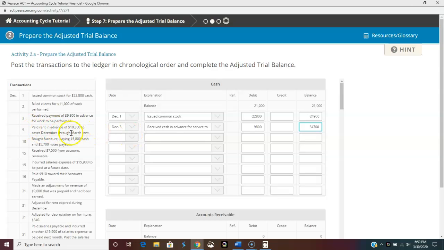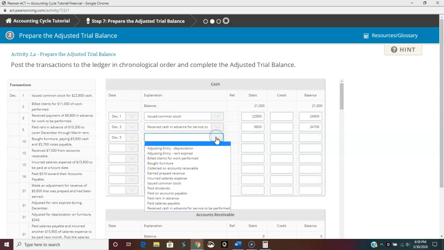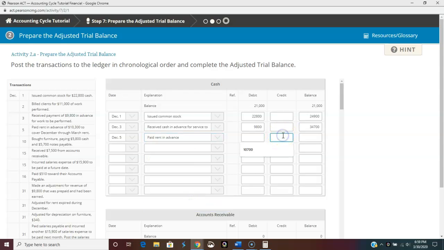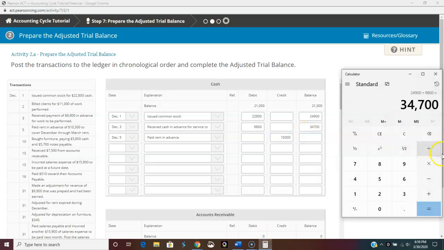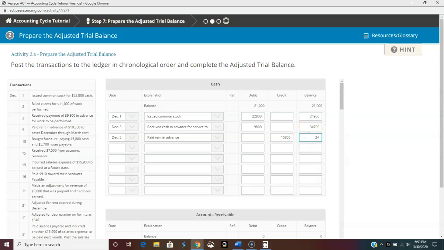Prepaid rent, so we're on the 5th. Here it's going to be paid rent in advance. So that's a credit of 10,300. So we're going to subtract, minus 10 and get 24.4.